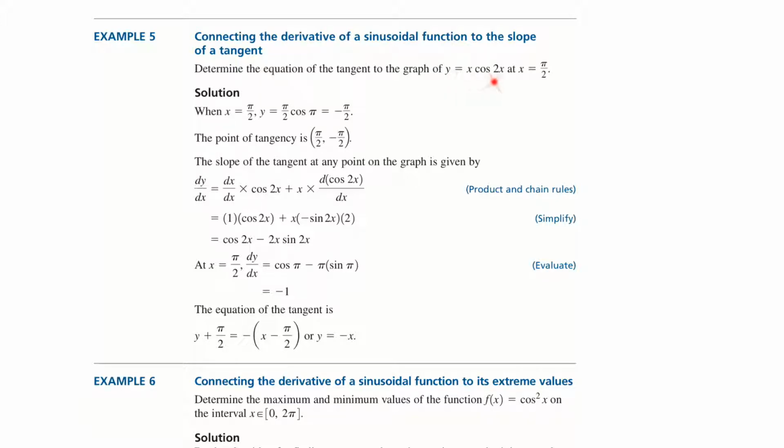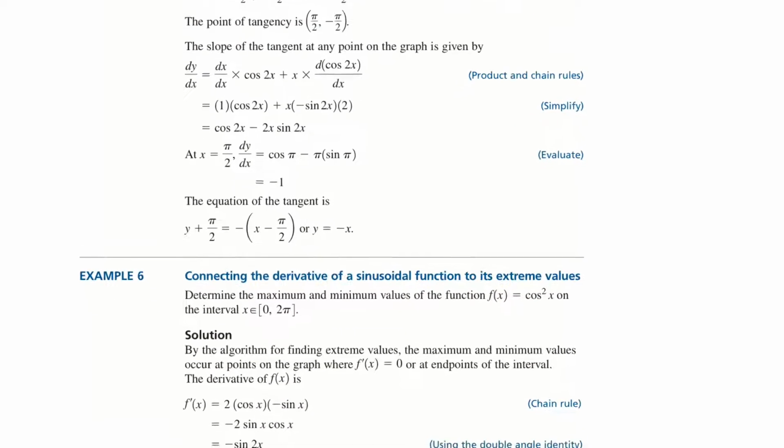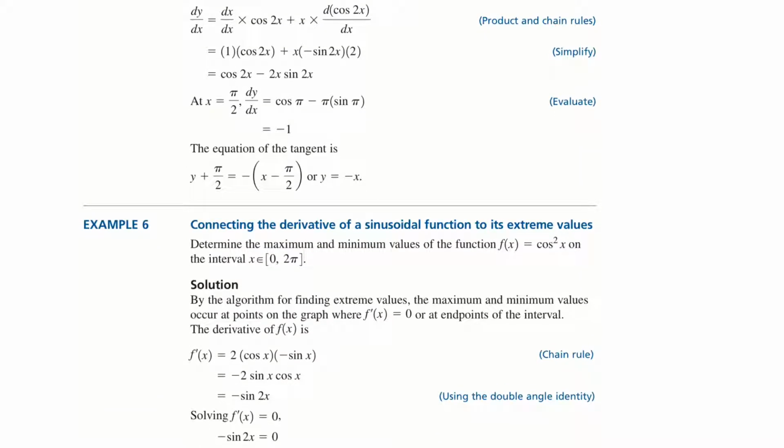We find the derivative of the function using the chain rule. 1 times cosine of 2x minus 2 sine of 2x times x is the derivative of the function. By plugging in pi over 2, the slope is negative 1. Therefore, the equation of the tangent line is y plus pi over 2 equals negative 1 times x minus pi over 2, which is y equals negative x.